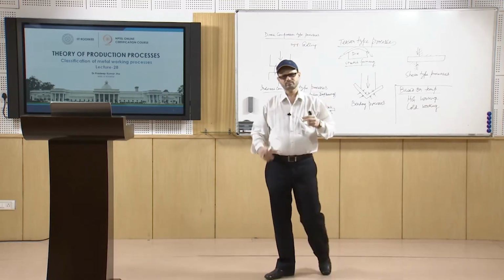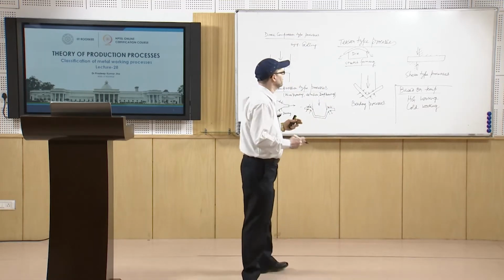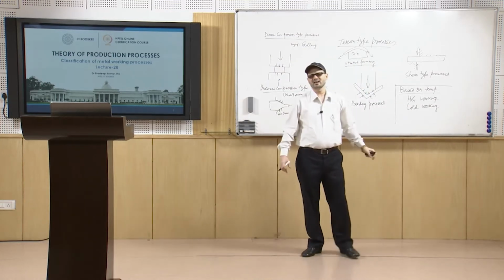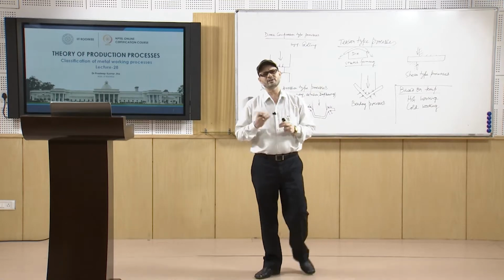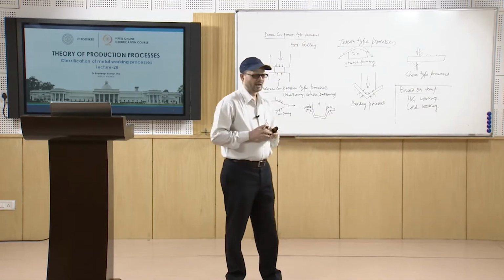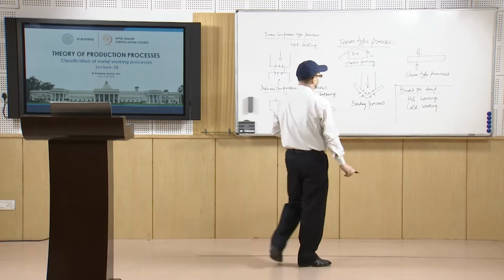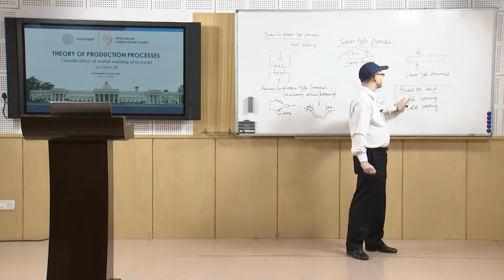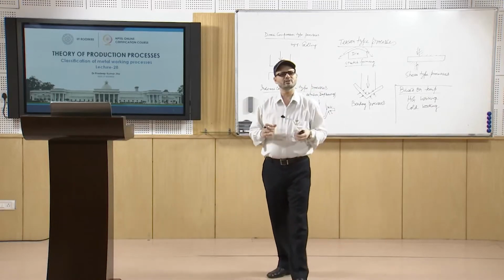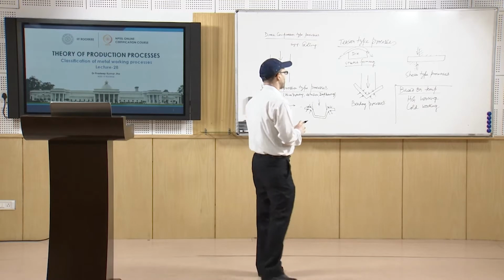The essential difference between these two is that in hot working, recovery takes place simultaneously. So, the material does not strain harden, and as long as the temperature is above the recrystallization temperature, the flow stress requirement is not very high.